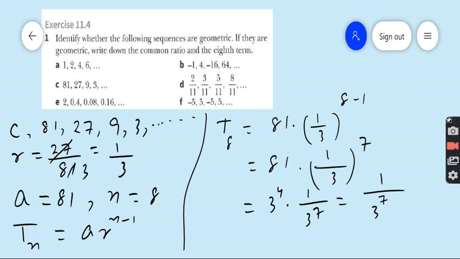This power 4 shifts to the denominator, that is minus 4. So T8 is equal to 1 upon 3 to the power 7 minus 4, which is 3, and 1 upon 3 to the power 3 is 1 upon 27. Hence the eighth term of the sequence is 1 upon 27. Hope you understand. Do part D.